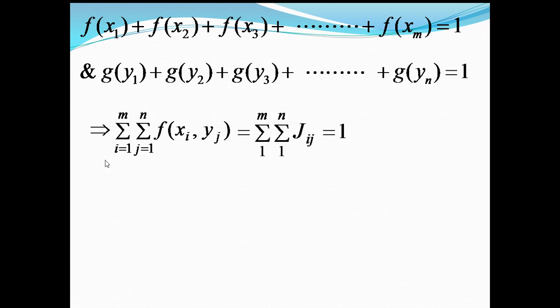So x takes values from 1 to m, y takes values from 1 to n, and f of xi yj is nothing but jij, the joint distribution. Summation i equal to 1 to m, j equal to 1 to n, jij is equal to 1. This means that the total of all the entries in the joint probability table is equal to 1.